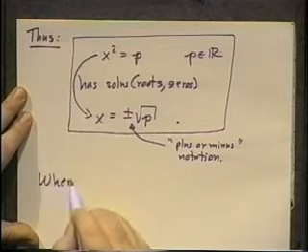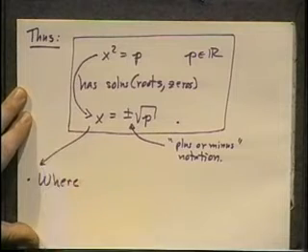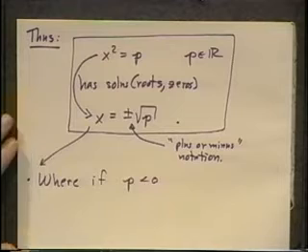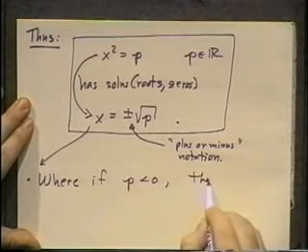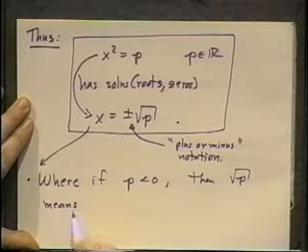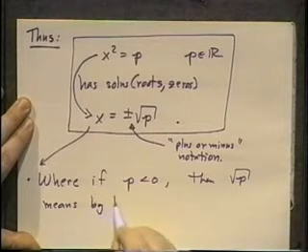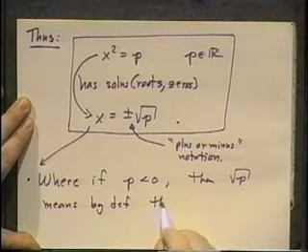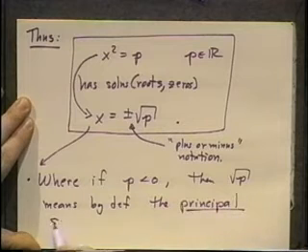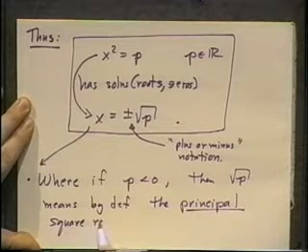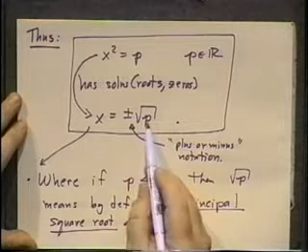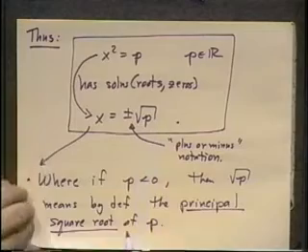There is another statement we can make here, just for the record, where if p is negative, then square root of p is defined, as it was on the previous segment, by definition, as the principal square root of p. So this square root symbol is defined whether p is positive or negative.